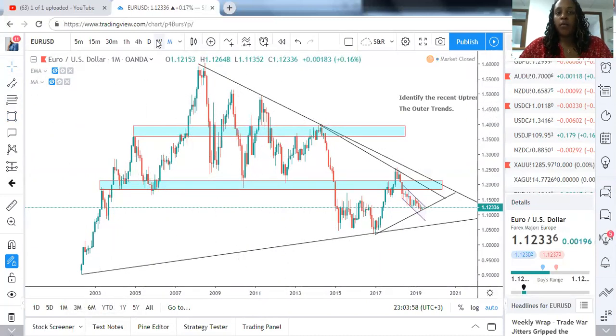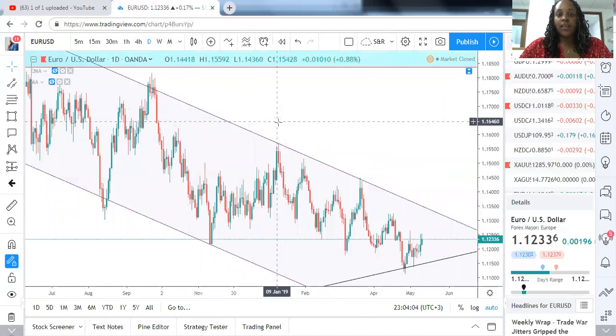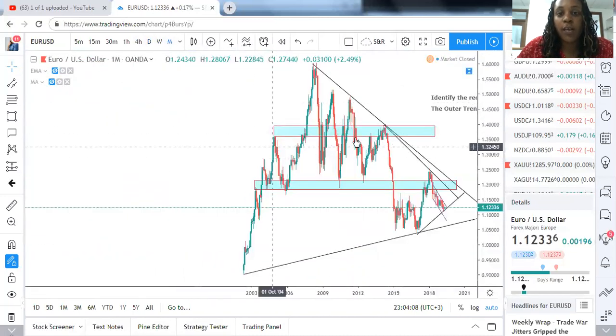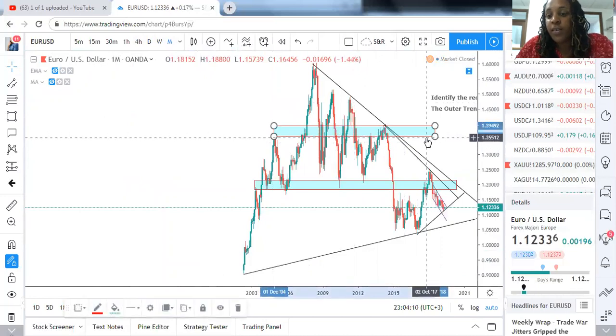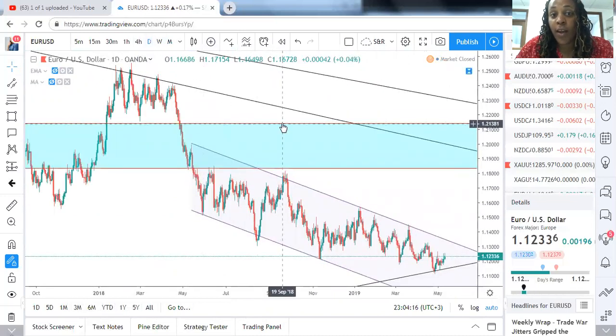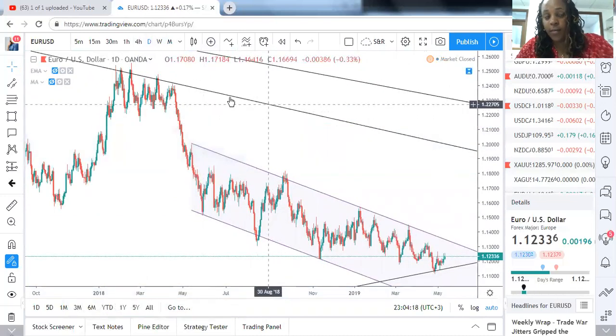And we have support and resistance traders, right? The whole idea of us understanding support and resistance is because we want to understand where the trade is likely to go, regardless of whether it's in an uptrend or a downtrend, right?